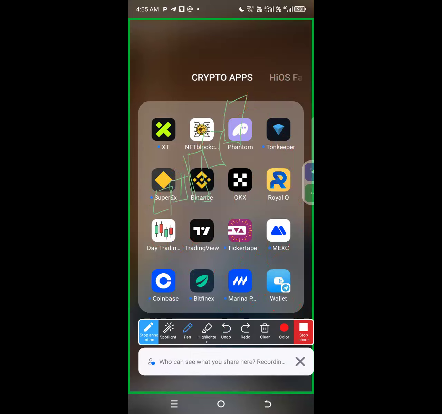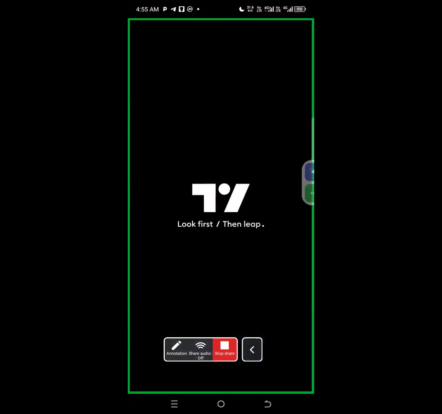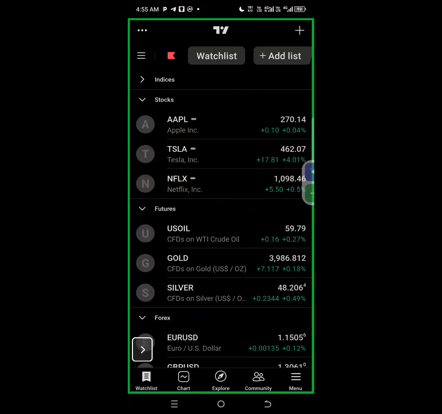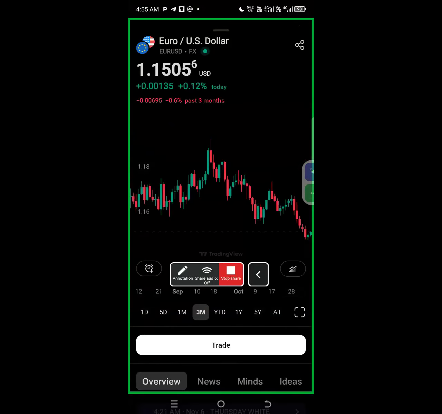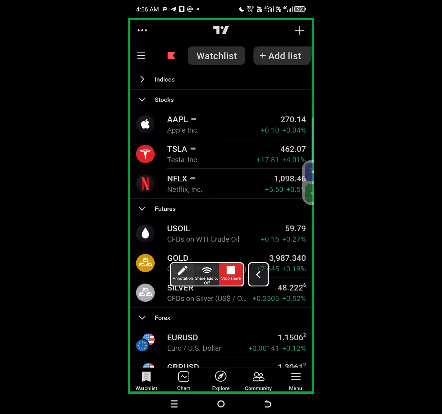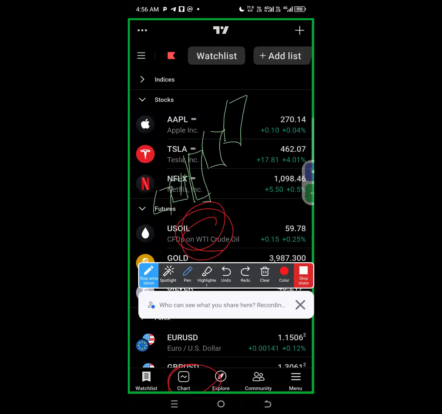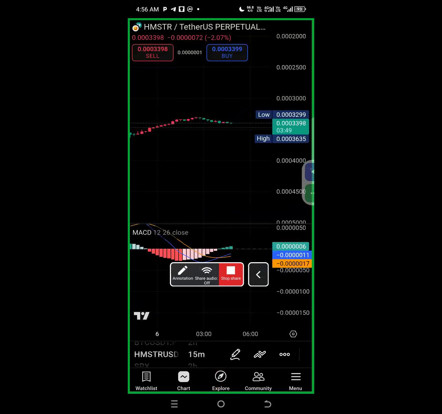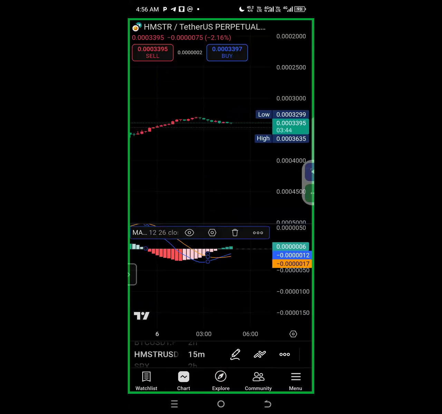On our TradingView, we click on chart. After clicking on chart, let me first delete all the two.